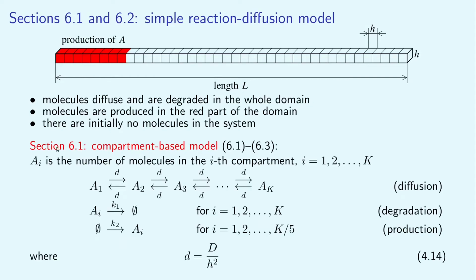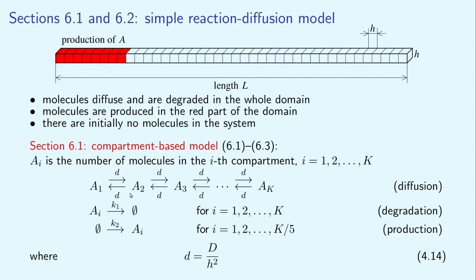The corresponding compartment-based model is introduced in section 6.1. We denote by A_i the number of molecules in the ith compartment, and we describe diffusion as this chain of chemical reactions. The degradation happens in all compartments and the production only happens in the red compartments.